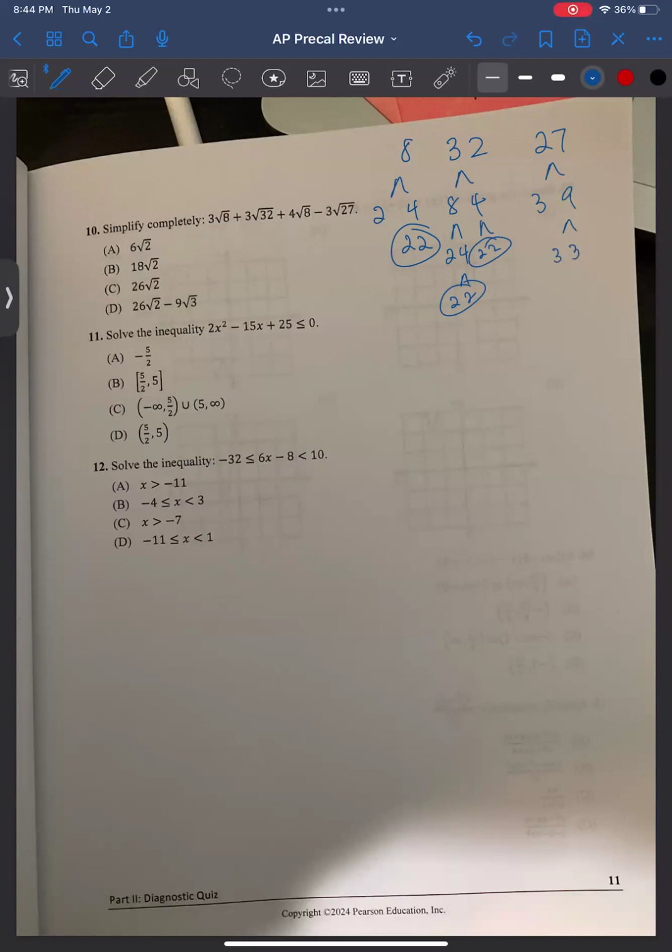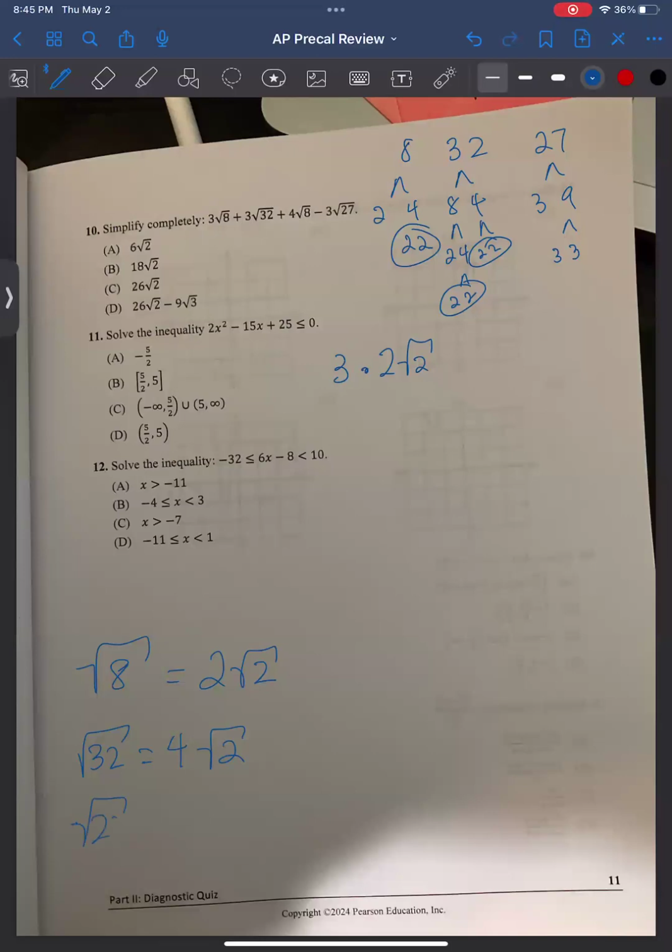So now I'm going to go ahead and take some stuff out. So 3 times the square root of 8. Square root of 8 is going to be equal to 2 square root of 2. So then 3 times 2 square root of 2. Then I have square root of 32, which, now I have two sets of 2, meaning it's 4 square root of 2.